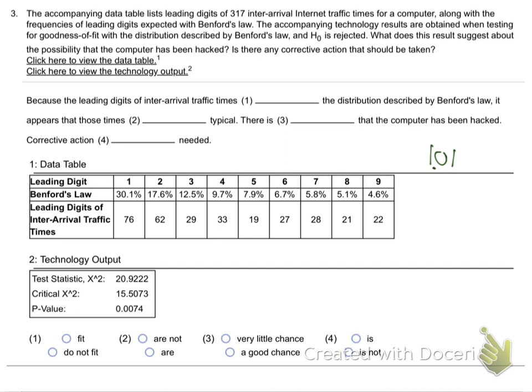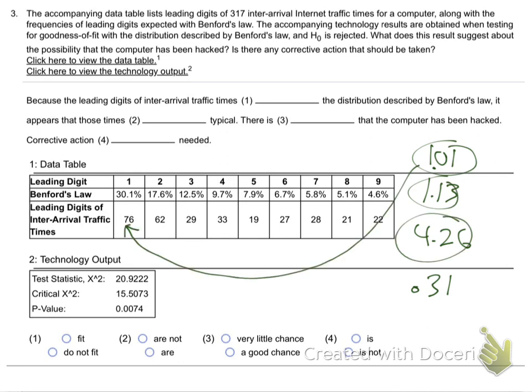The next would be 1.13 seconds. The next would be 4.26 seconds. The next would be 0.31 seconds. All the things leading with a 1 would end up in this category. All the ones leading with the 4 would be in that category. Everything leading with the 3 would be in that category, etc. It's just recording all the times. It doesn't matter exactly how big the number is. All we care about is the leading digit.